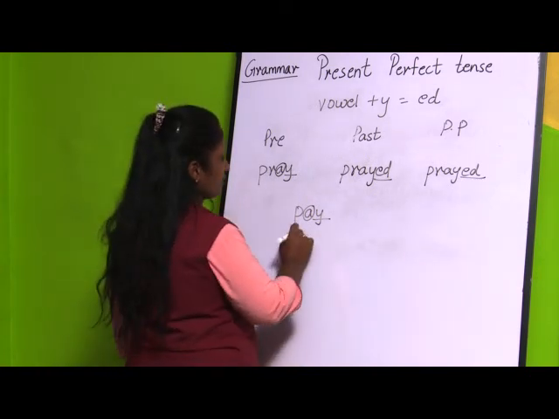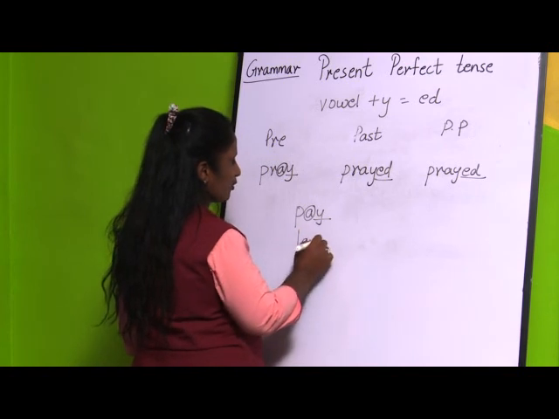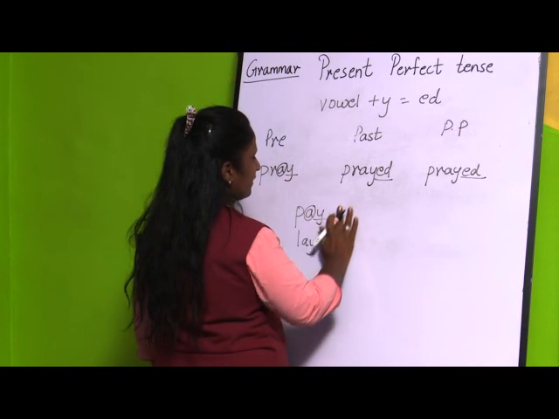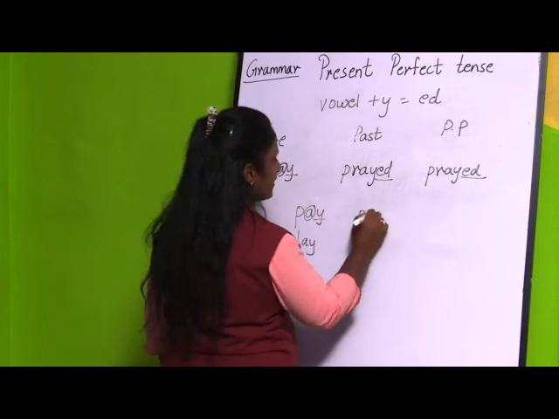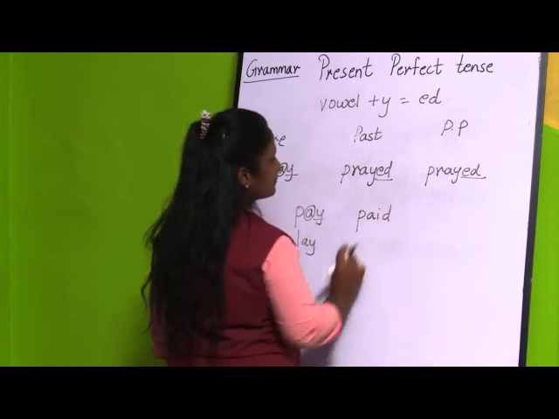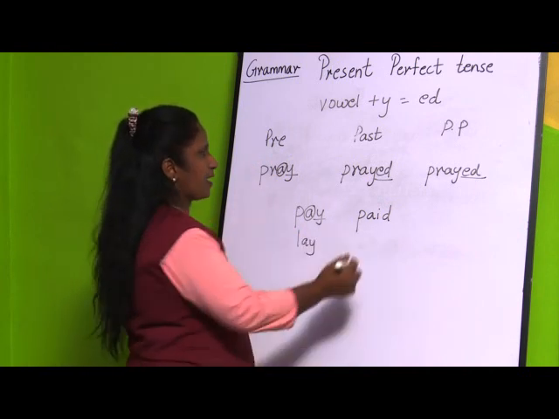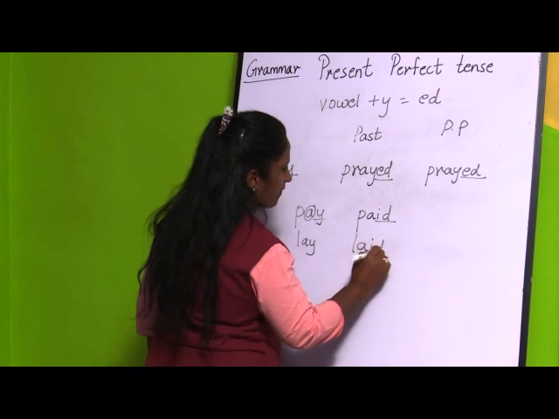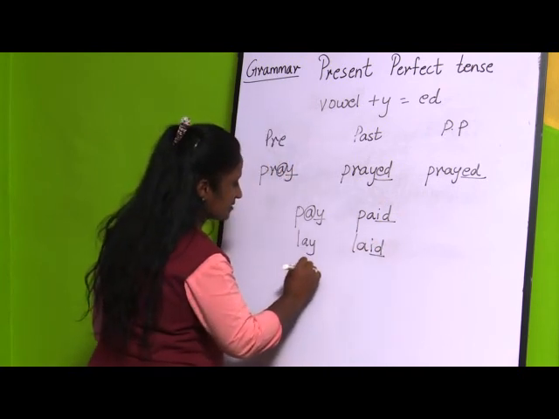These are the exceptional words where we are not going to add ed. See how it looks, isn't it? So instead of ed, you are going to replace that y by id. Here also lay, laid. Then say, said.